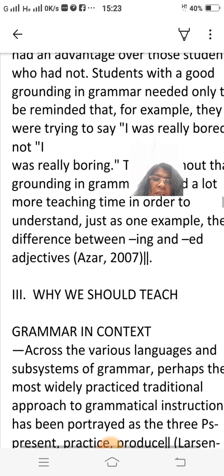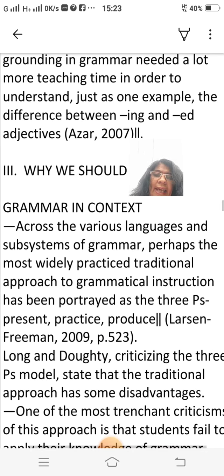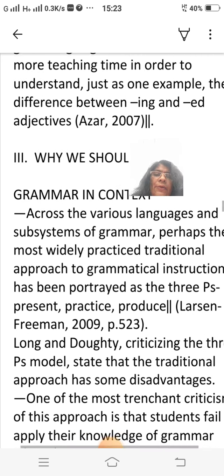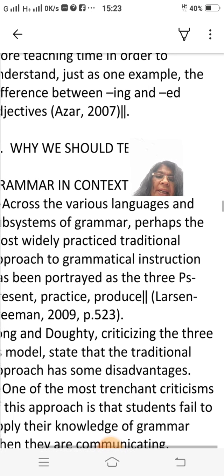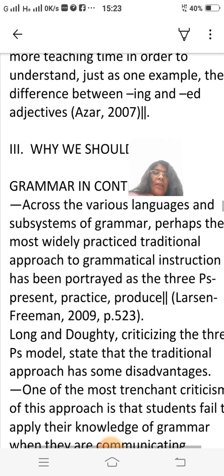Why should we teach grammar in context across the various languages and subsystems of grammar? Perhaps the most widely practiced traditional approach to grammatical instruction has been portrayed as a three-phase present, practice, produce model.